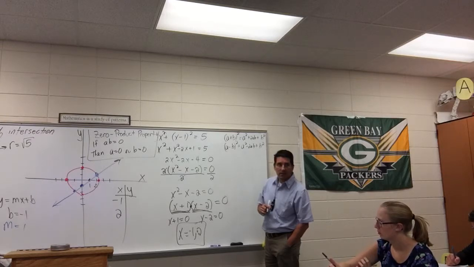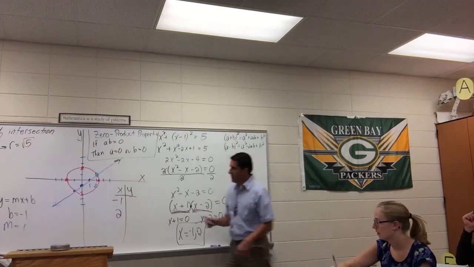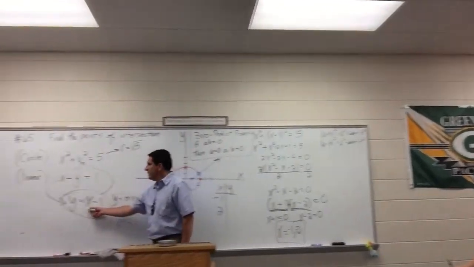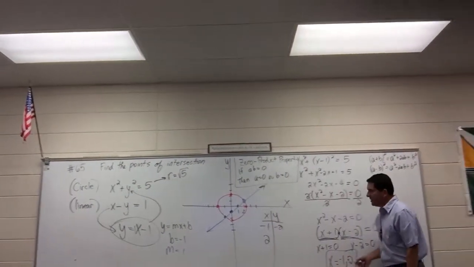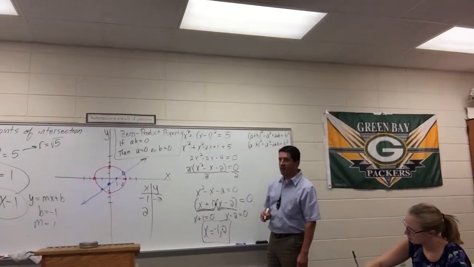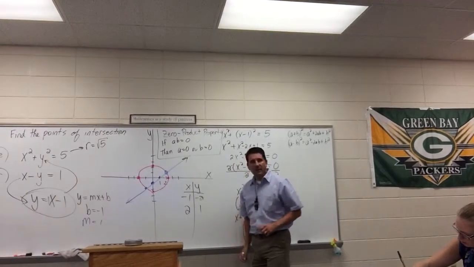What do I get? Negative 2. Plug it right in here. Negative 1 minus 1 is negative 2. Okay. Plug in 2 for x. What do you get? You get 1.